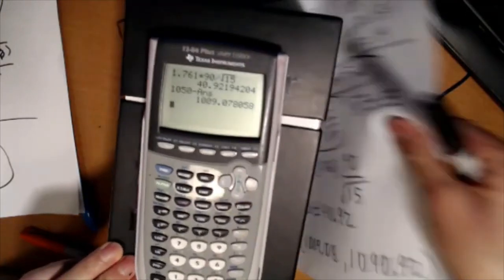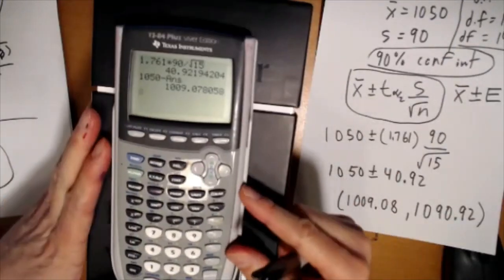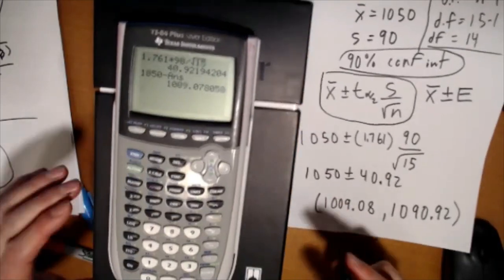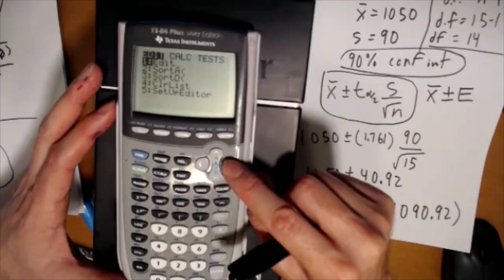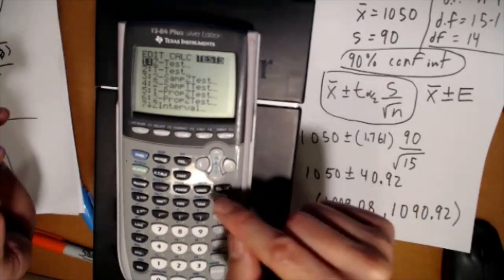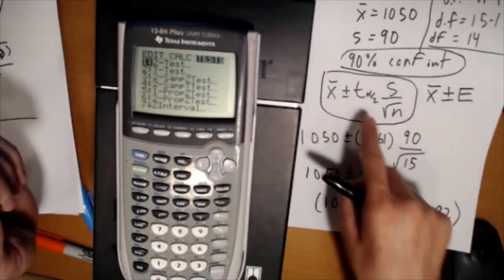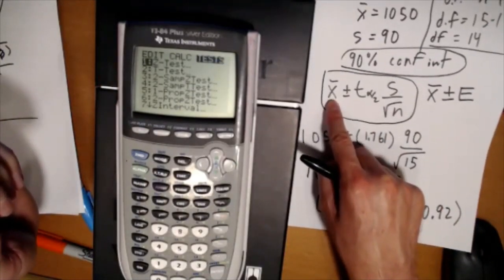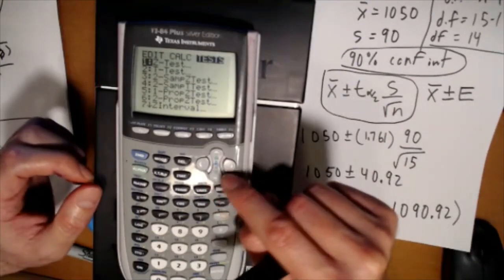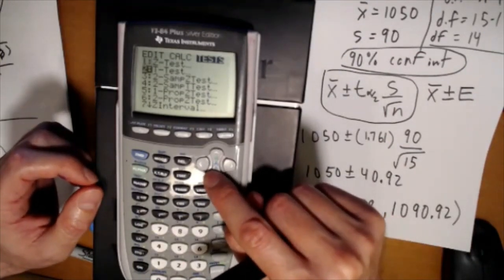No problem. Okay, I want to make a confidence interval. So stat, slide over to tests, and you see the letter is T, and there's only one sample, so one sample mean t interval.